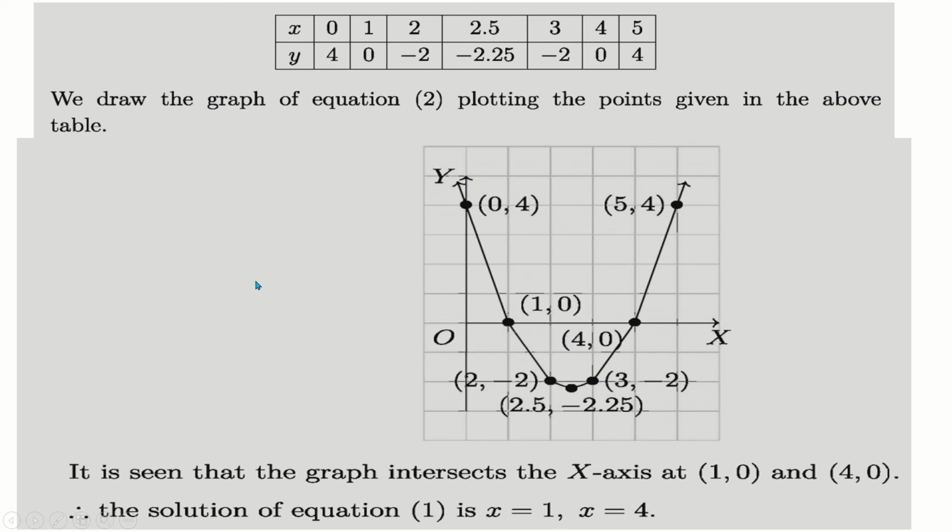As the given equation relates only to x, we have to find the value of x. Clear? That means 1, 0 and 4, 0, these 2 points intersect the graph. Therefore the required solution is x is equal to 1 and x is equal to 4. Clear, students? Okay.